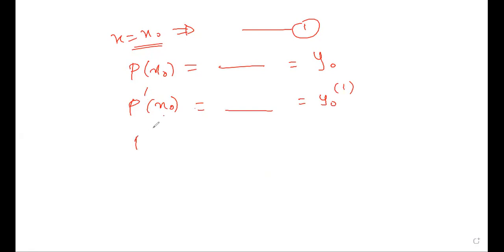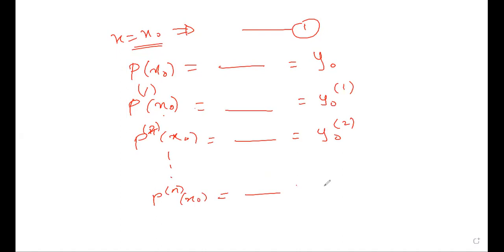Similarly, P double dash x naught is y naught 2. Similarly, P n x naught is equal to y naught n. So can you fill these spaces? Substitute x equal to x naught in these equations we have derived already. So what will be the answer?